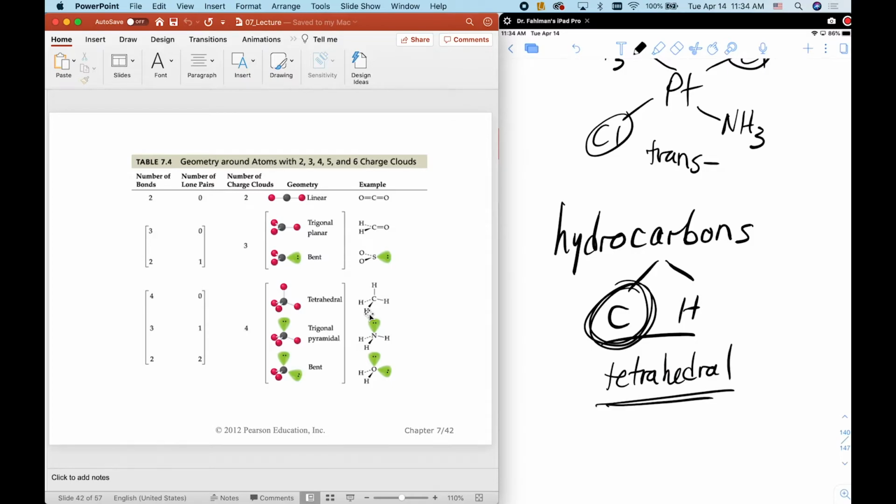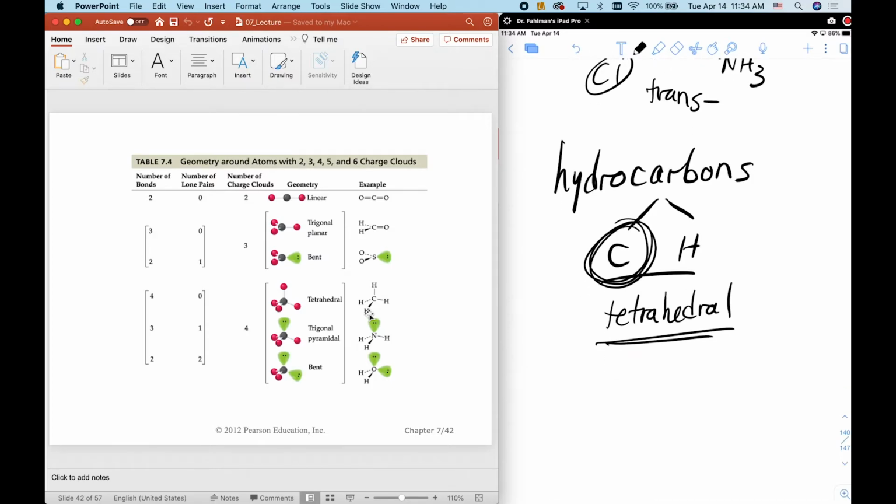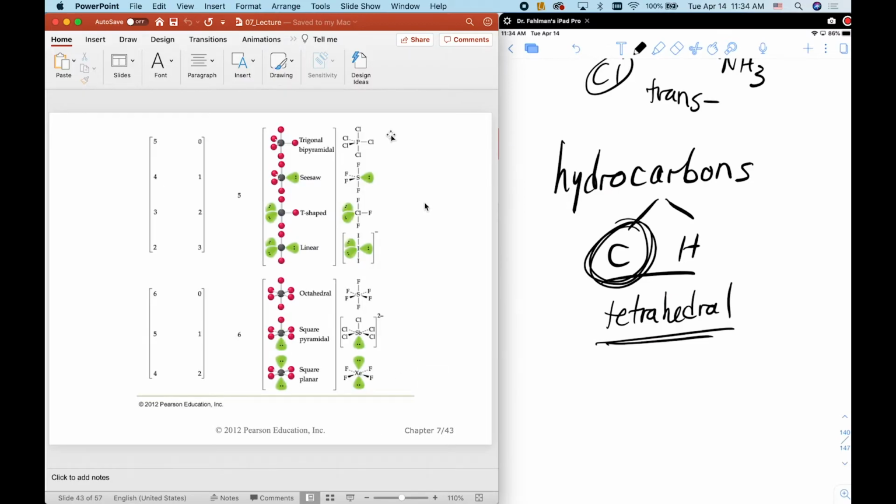So very, very common geometry in organic chemistry. And then if you have 3 bonds, 1 lone pair, now it's trigonal pyramidal, like a tripod. And then if you have 2 bonds, 2 lone pairs, it's bent. Okay, and so we did that last lecture. So the new stuff from today are these ones.